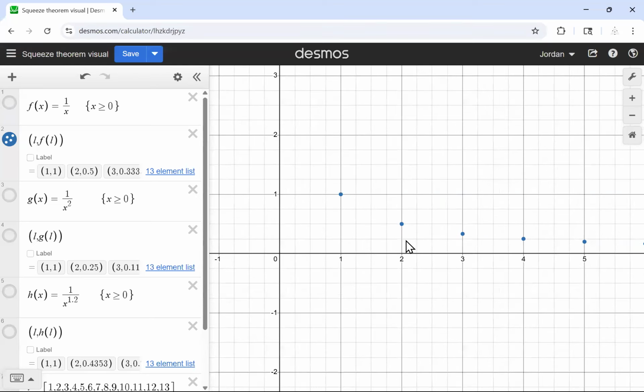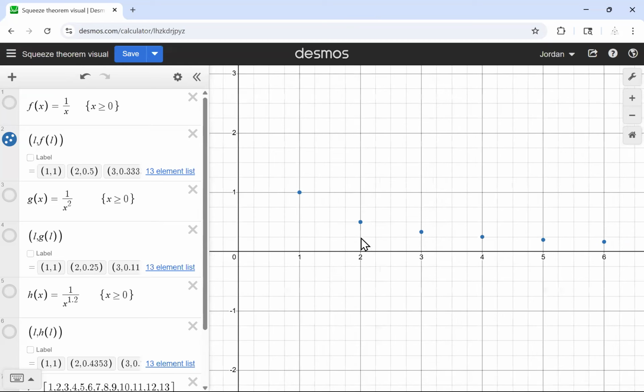Now, the reason for that is basically if you think of a sequence as a function from the positive integers onto the real numbers, you can think of it as just a series of points whose x value is a positive integer. So I plug in 1 and I get a y value of some number, which is a sub 1. I plug in 2 and I get a y value, which is a number a sub 2.